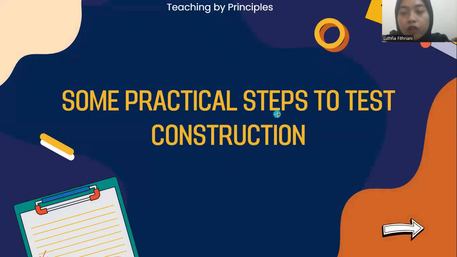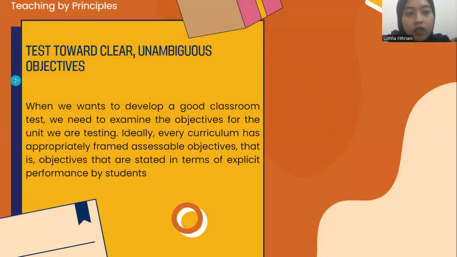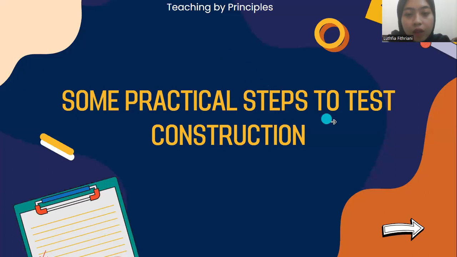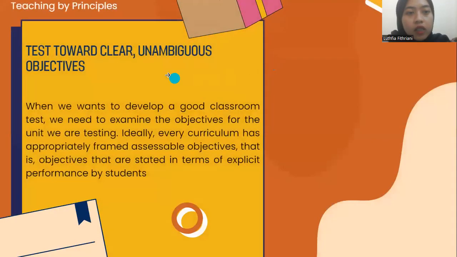Let's move to the second topic, some practical steps to test construction. There are some steps that the teacher should follow in constructing a test. The first, start toward clear and unambiguous objectives.